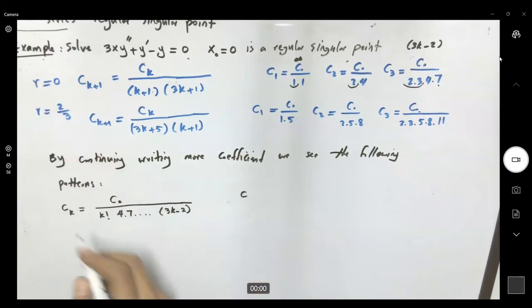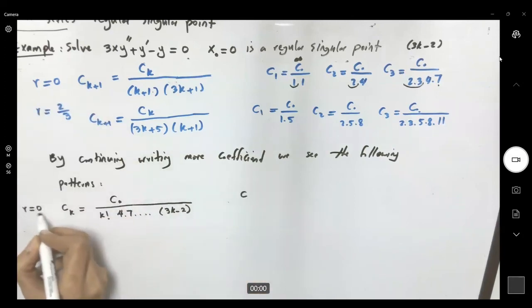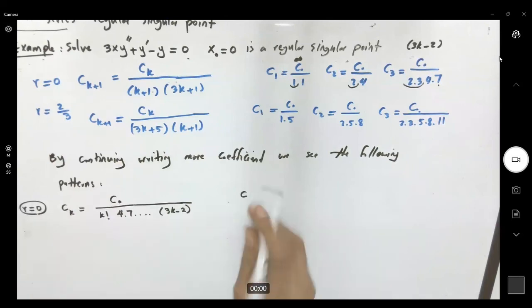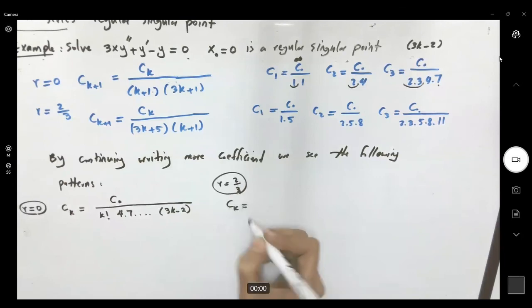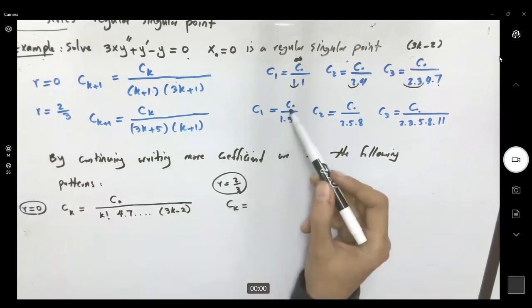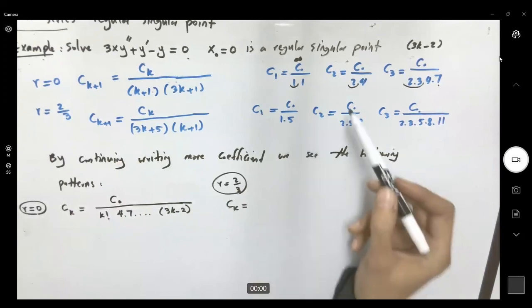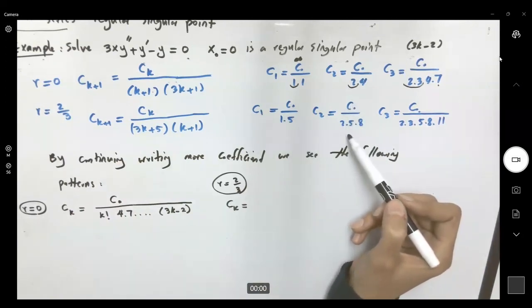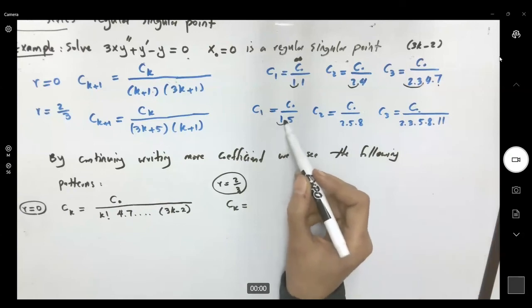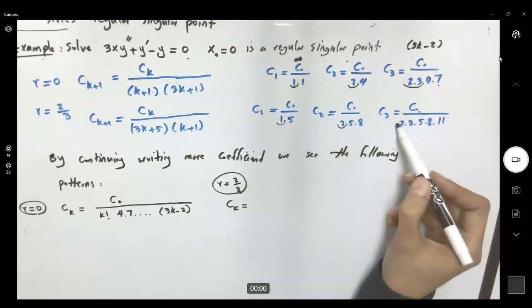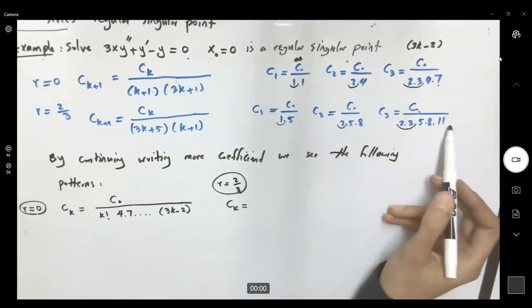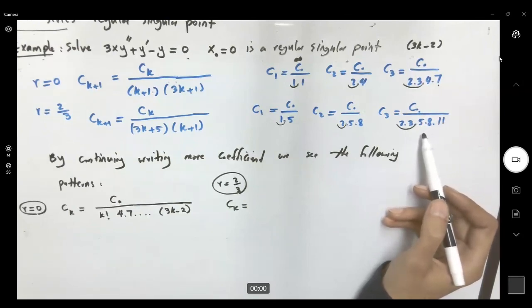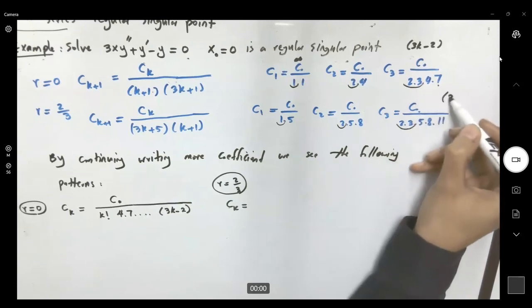The first formula comes along when R is equal to 0. When R is equal to 2/3, C sub K becomes, let's see what we have here. We have C sub 0, 1 times 5, C sub 0, 2 times 5 times 8. So I have 1 factorial, 2 factorial, 3 factorial, and as you can see, 5, then 8, then 11, which are 3K plus 2.